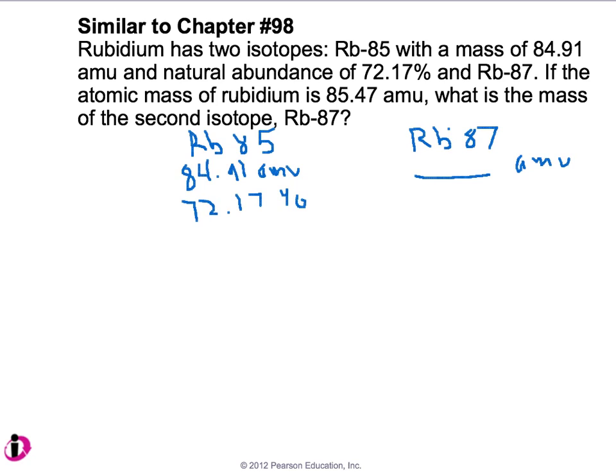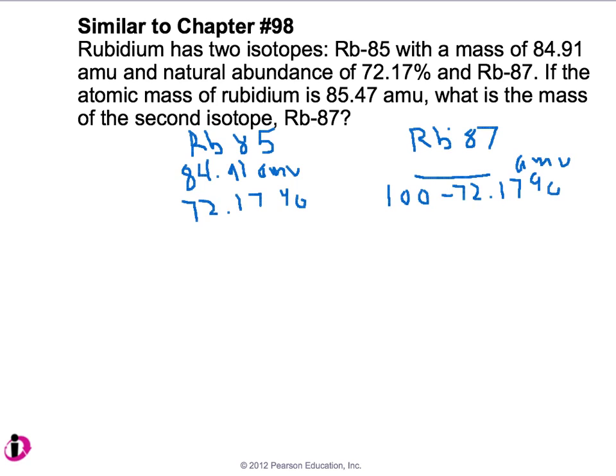Otherwise, there will be too much unknown in the equation we're using. If you've got only two things, the amounts need to add up to 100%. So to find the amount of this other isotope, I'm going to take 100 and subtract the amount of rubidium-85.